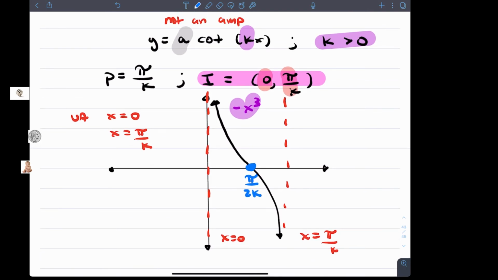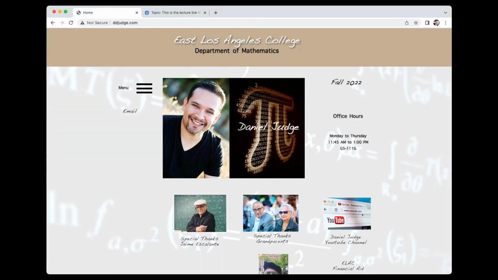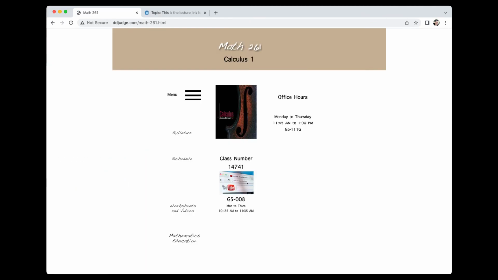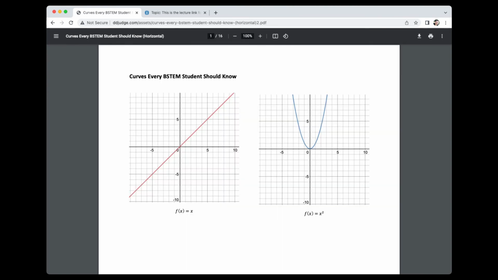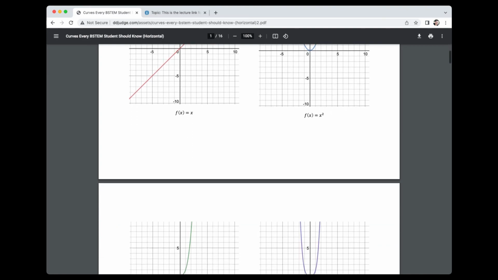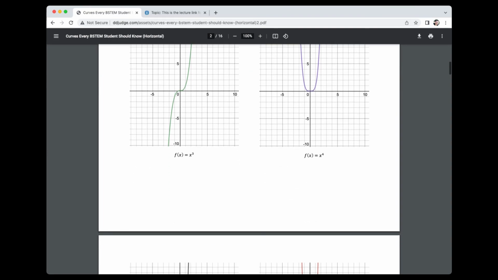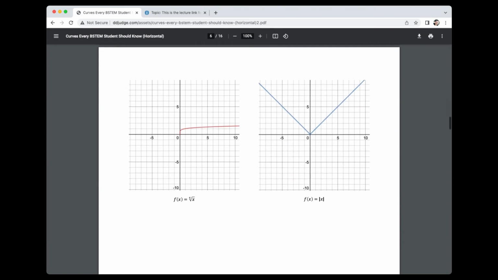And generally speaking, you say, Mr. Judge, are you serious about this stuff? Yeah, let me share with you guys. When you get to a Calculus 1 course, I have worksheets and videos there too. And I have this document, curves every B-STEM student should know, based on having already taken a pre-calculus and a trig class. It's in the format of looking at these fundamental curves. There's your x cubed, x to the fourth, and so on, all these curves you study in these courses.